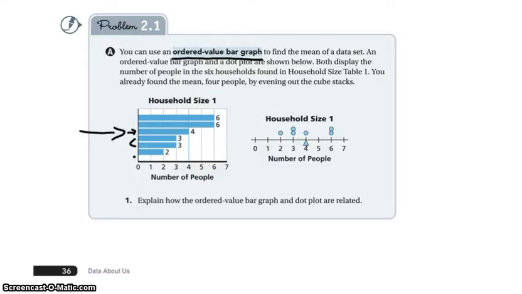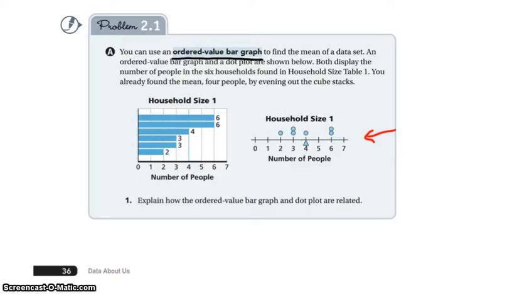And then we had 2 people that each had 6 members in their house, all right? Or I can make a dot plot of the information, like we said earlier, and the dot plot is listed here. And then, based on that information, I'm going to use this little tiny triangle right here to show where the mean is on the dot plot.